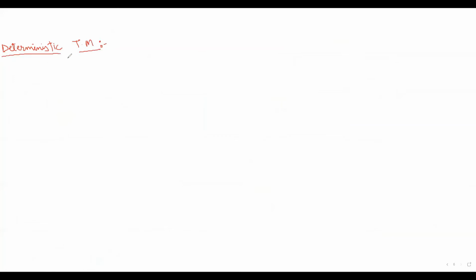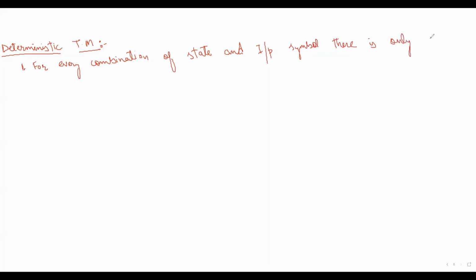We have already discussed determinism. A deterministic Turing machine says that for every combination of state and input symbol, there is only one transition possible. Okay. So this is the first point.